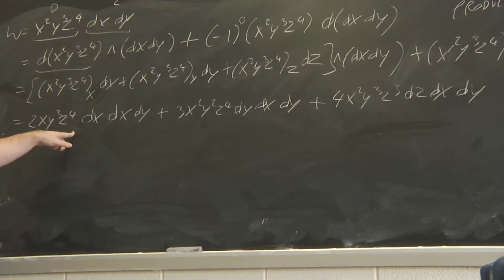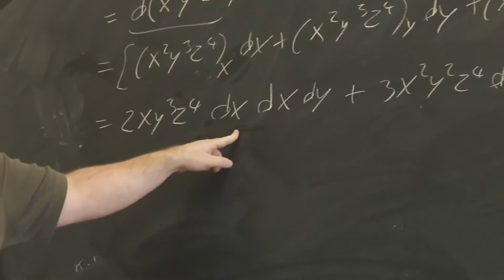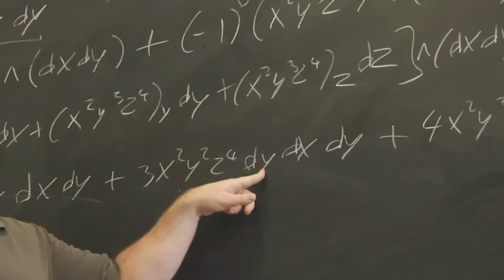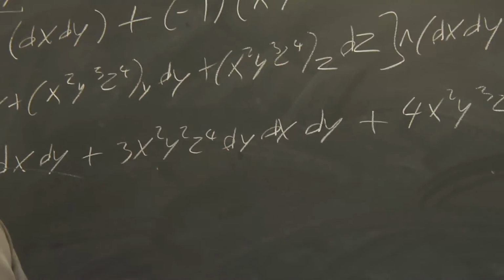But what happens to this? 0. This first term is 0 because we have the 2 dx's. The second is 0 again, dy dy.